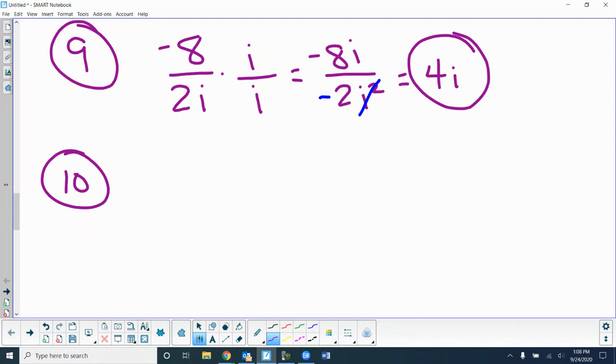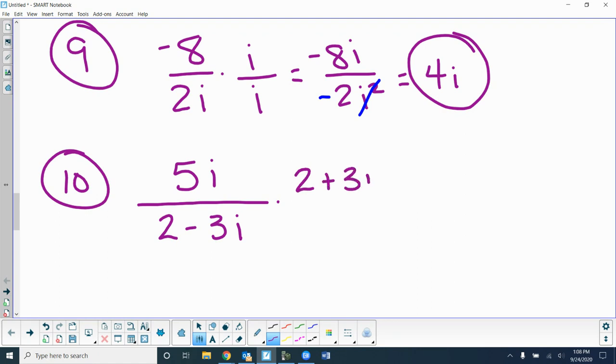Number 10. We've got a 5i in the numerator, and we've got 2 terms in the denominator, 2 minus 3i. So Kennedy, what do I do to get rid of that i in the bottom? Right. It's 2 plus 3i. I saw a few people kept it at 2 minus 3i.